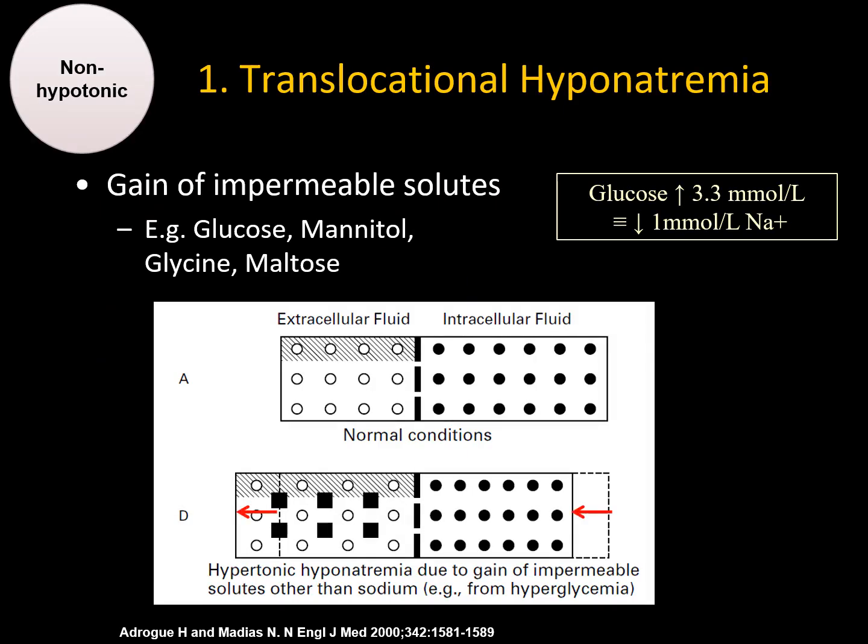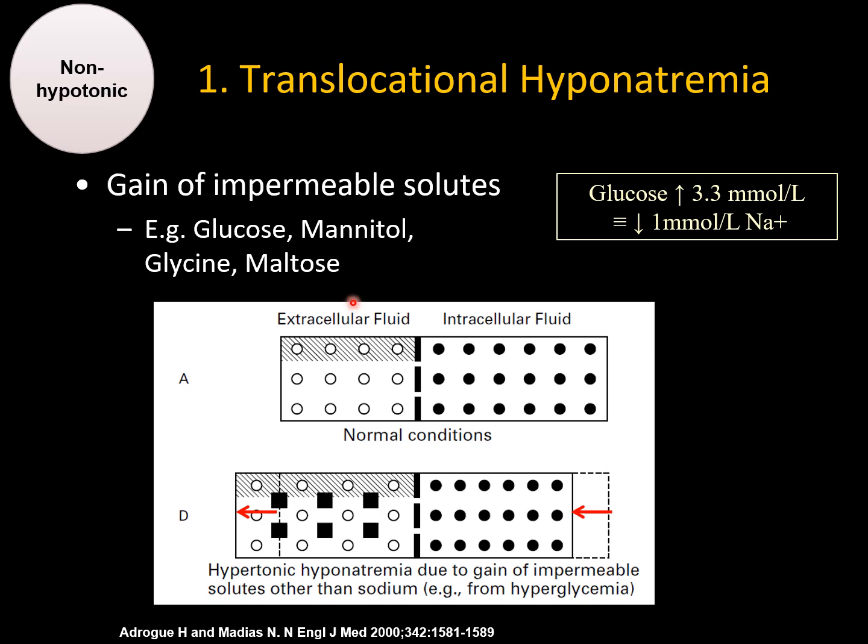In translocational hyponatremia, it is a subset previously considered to be under pseudo-hyponatremia. This occurs when there is a gain of impermeable solutes which cannot easily cross the cell membrane. Examples include glucose and mannitol.